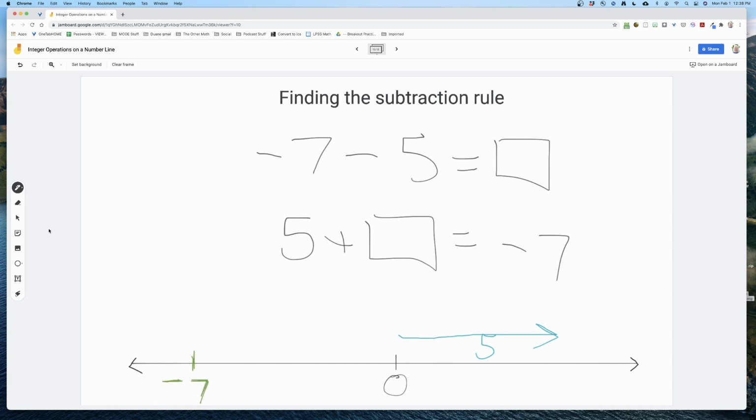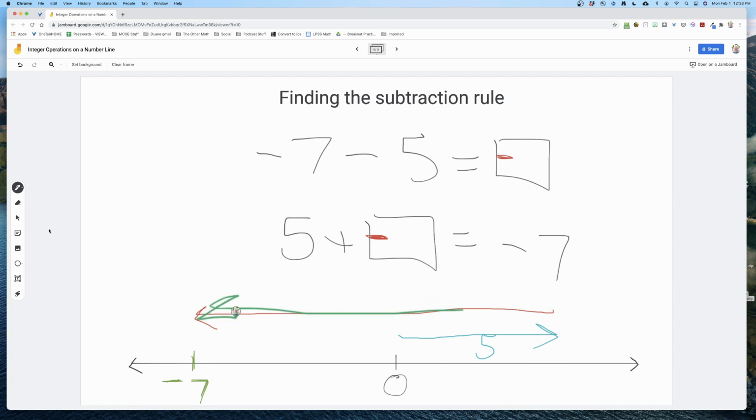So what does that second change have to be? That second change has to be a change to the left, so we know that the answer is going to be negative. Both of those boxes, we can insert that negative sign. Now, what is this change to the left?